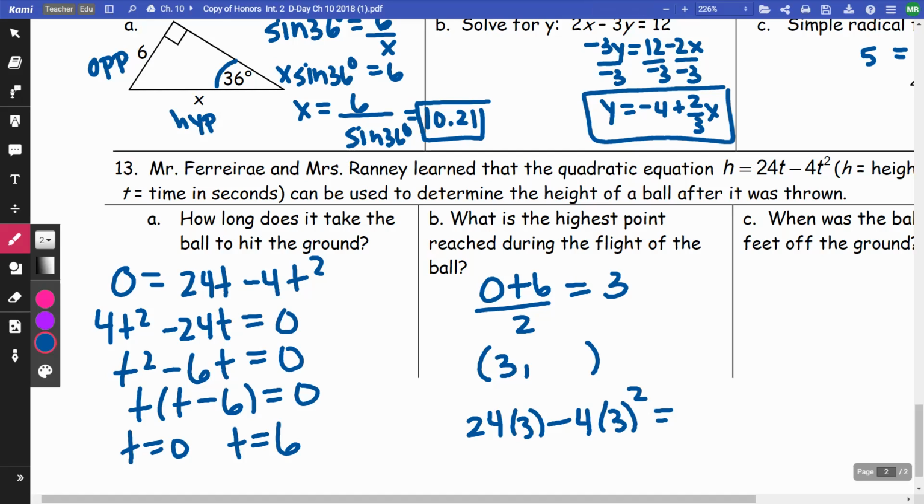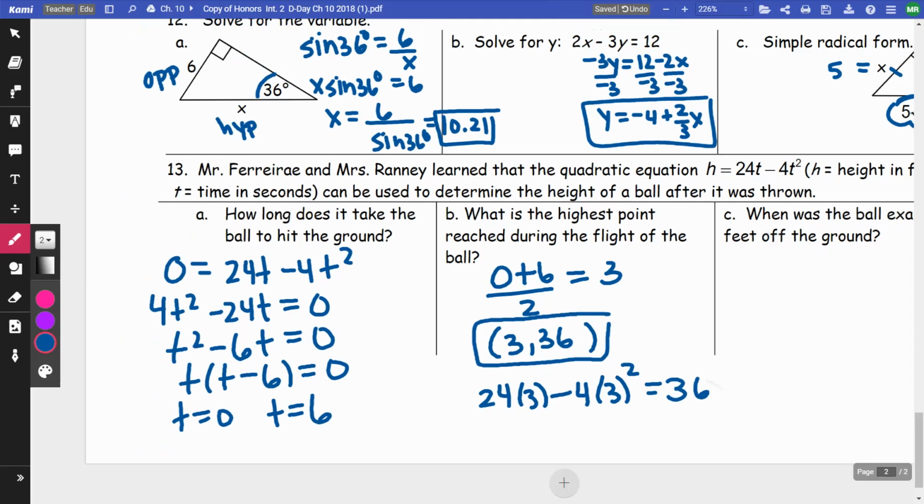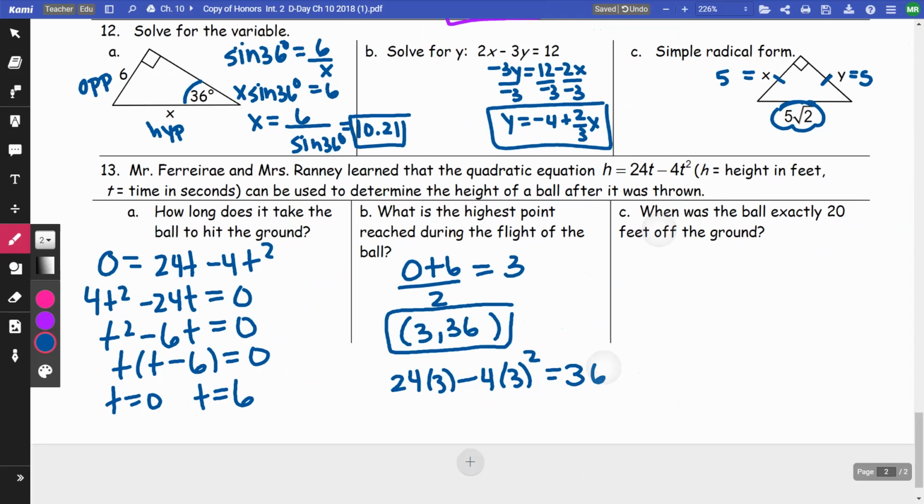And when I work that out, 24 times 3 minus 4 times 9, I get 36. And so the point is 3, 36. The highest it's going to reach is 36 feet in 3 seconds.